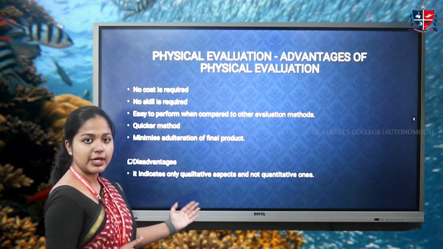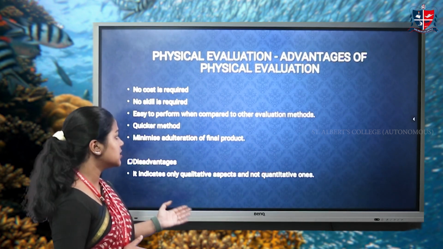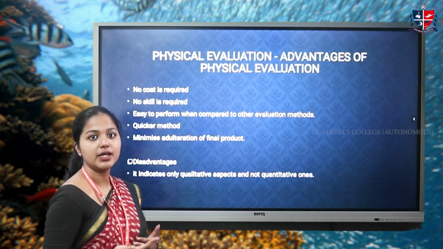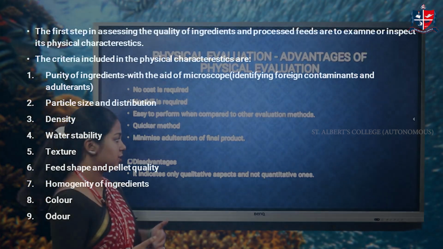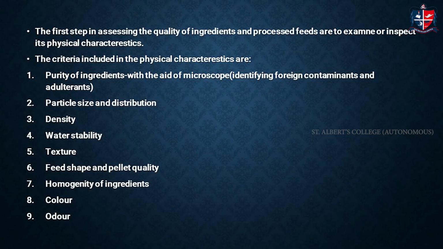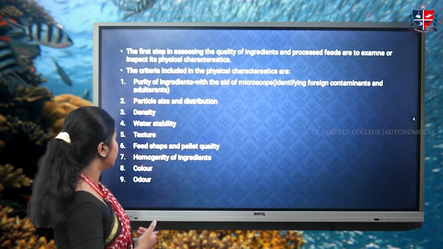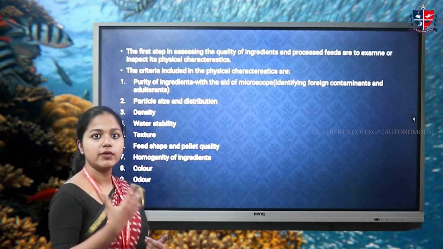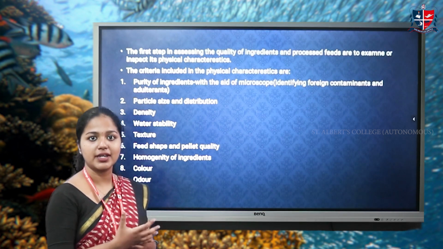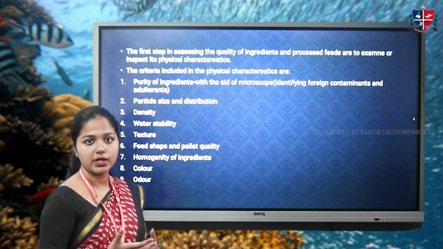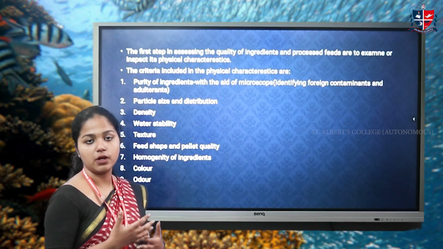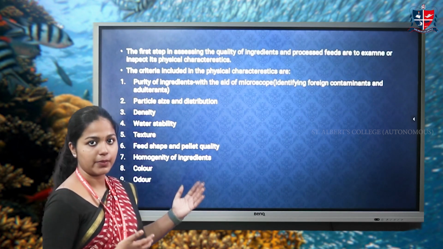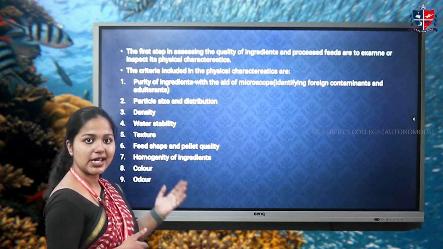One of the main disadvantages is that it indicates only qualitative aspects and not the quantitative aspect of a feed ingredient. In assessing the physical evaluation, there are some criteria that we follow, including purity of the ingredients. We look for any foreign contaminants or any ingredients other than the feed, with the help of a microscope, and also its particle size and distribution.